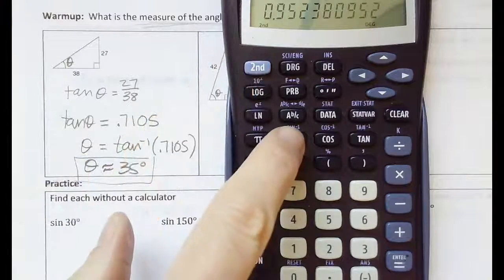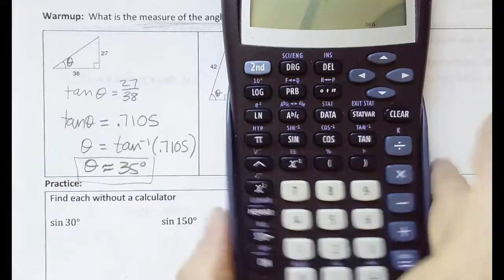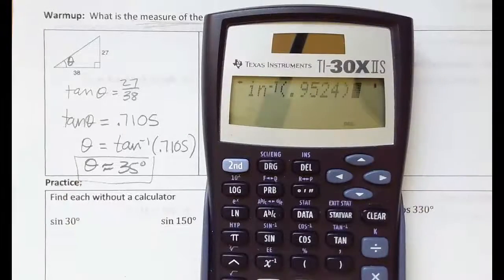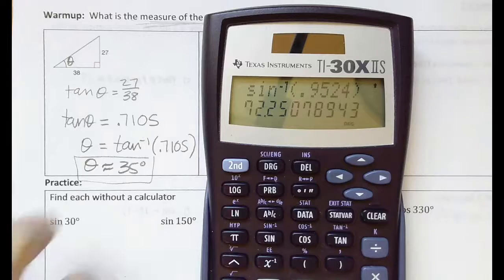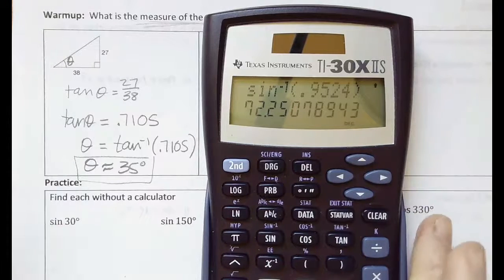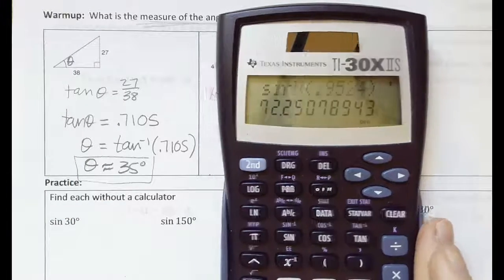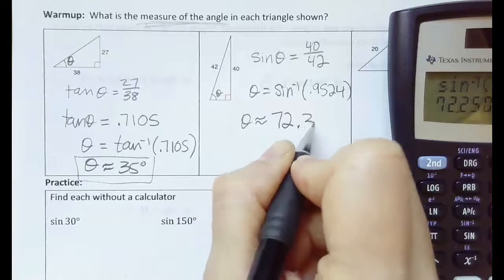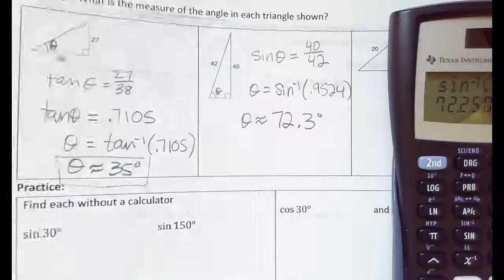Inverse sine of 0.9524 is 72.3 degrees. On the chart you can't get a decimal, but here you can. I'll take it to 1 decimal place, but a lot of times with angles I just say keep it to the nearest angle.